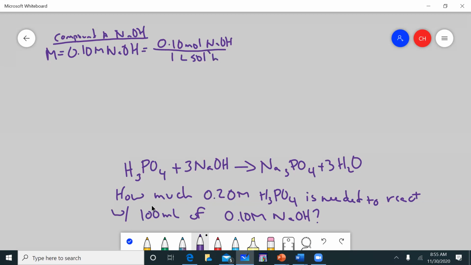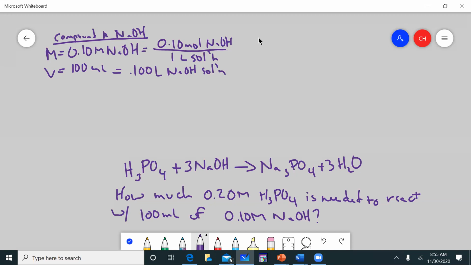What else do I know about compound A? I know its volume. So volume in this case is 100 milliliters, right off the bat. I don't like milliliters. I'm going to convert that to liters, which is going to give me 0.100 liters of my NaOH solution.